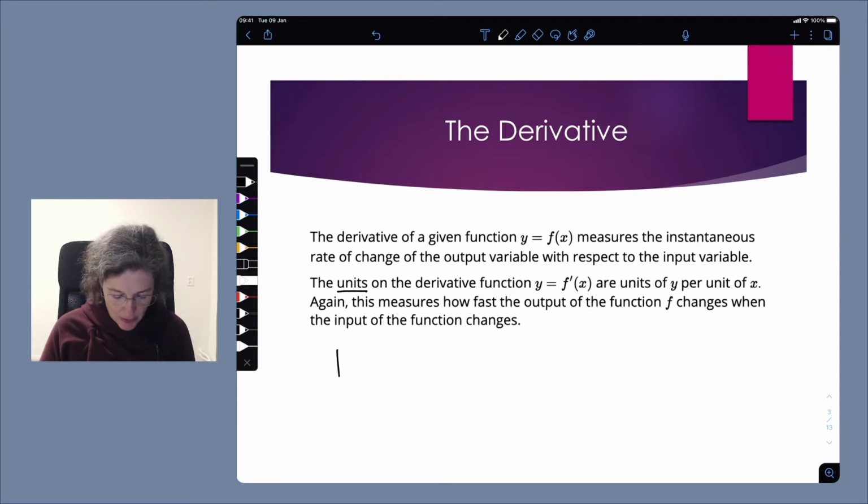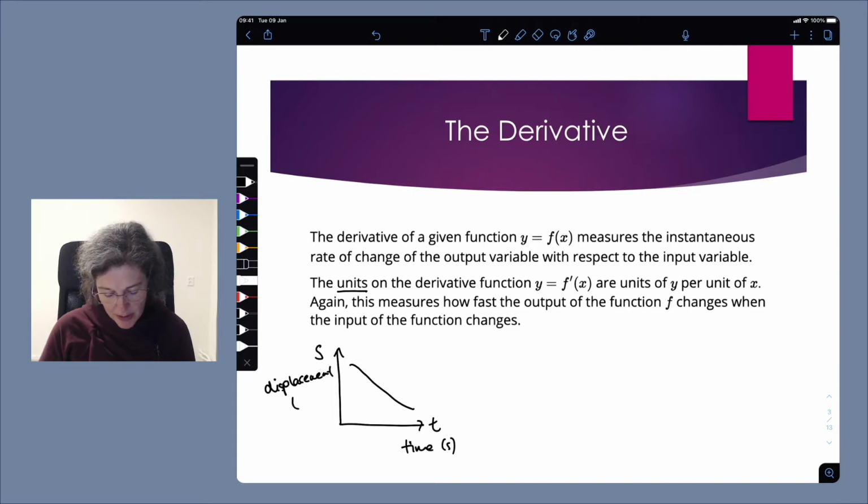So if, for example, I had a function like this, which was in fact displacement and time in seconds, and our displacement was in meters, so this should look a little bit familiar from physics, and this was my function f of x telling me about the displacement, then f prime of x would be telling me about the speed, and it would be in meters per second.